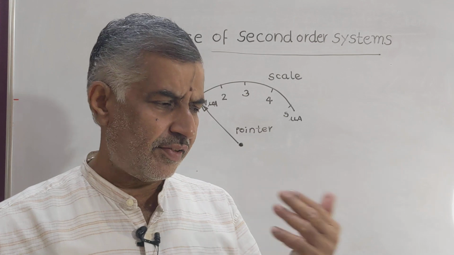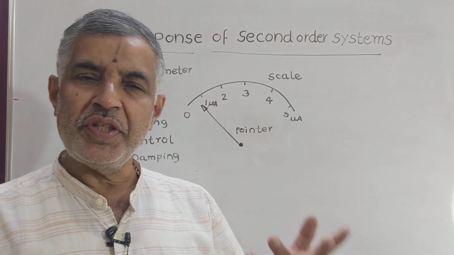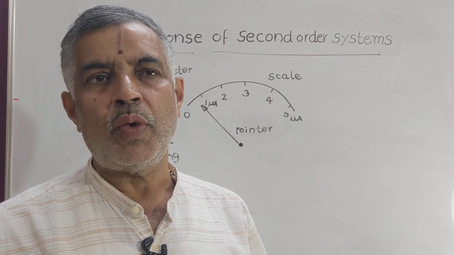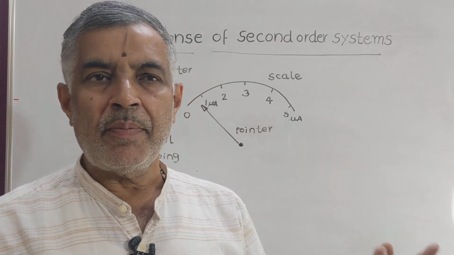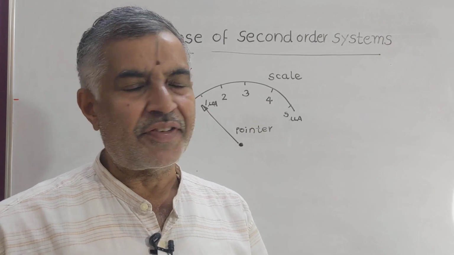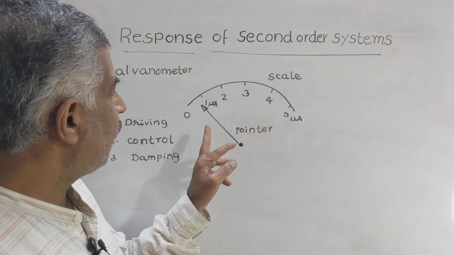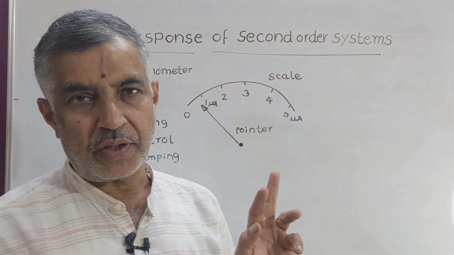So driving force is generated using many of the effects of current or voltage. You have seen permanent magnet moving coil concept, then moving iron concept, etc. So it is responsible for moving the pointer from zero position.